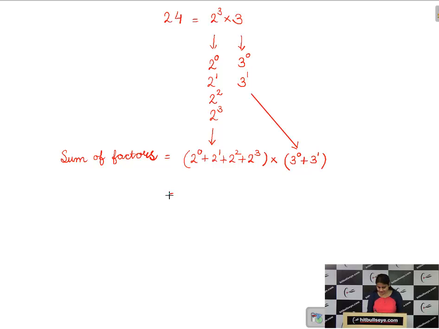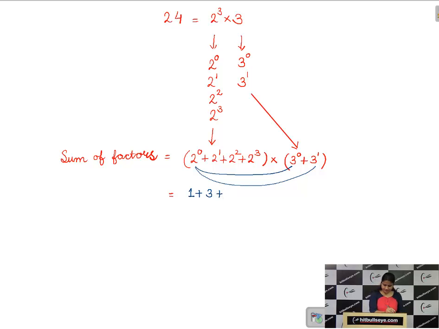For example, if we multiply 2 raised to power 0 by 3 raised to power 0, we will get 1. If we multiply 2 raised to power 0 by 3 raised to power 1, we will get a 3.